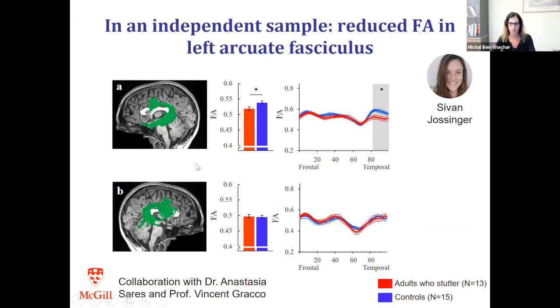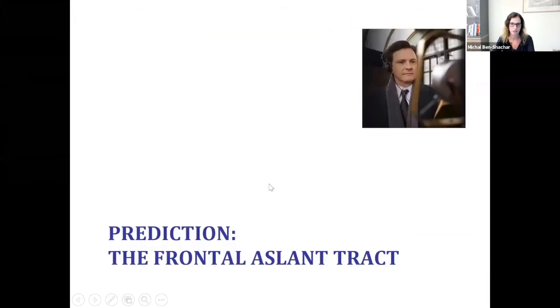So a completely different sample of adults who stutter and controls, small samples similar to our original sample, which was also 15 and 19. And we find a difference in anisotropy in the dorsal pathway and no differences in the ventral pathway. I'll show you this later.